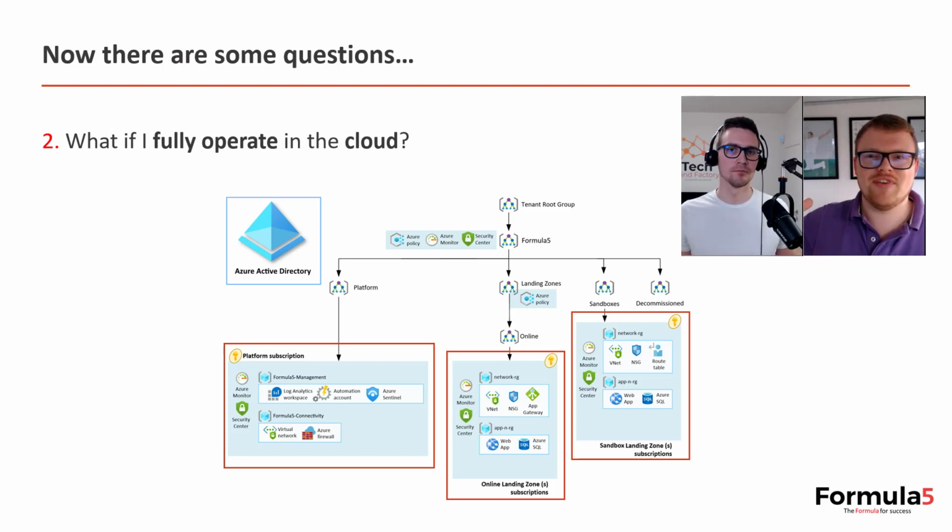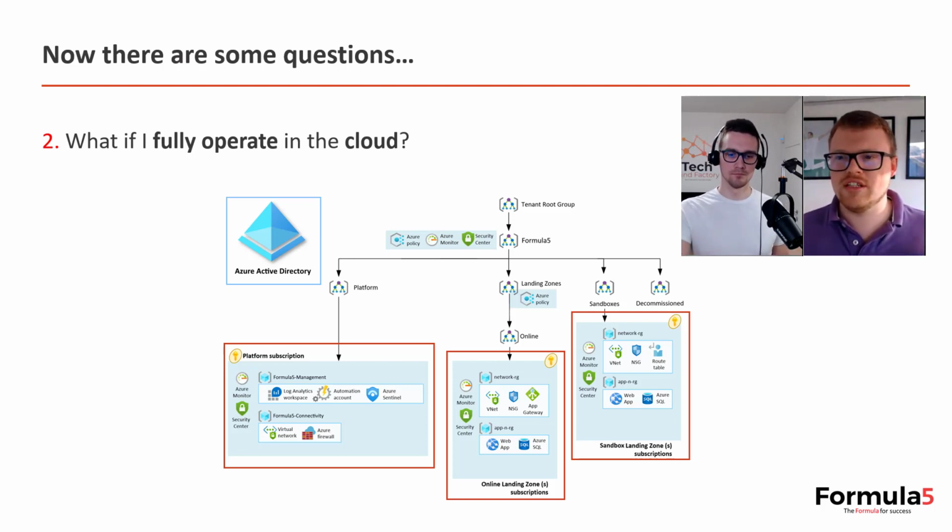That might want to be a place for innovation and somebody to just try something out, with no rules applied or very few rules. The typical rules we would say to apply to sandboxes are you can't VNet peer, you can't deploy ExpressRoute gateways, so you can't get data exfiltration out, or you're trying to reduce the data exfiltration opportunities. But we're changing what is true for those landing zones.